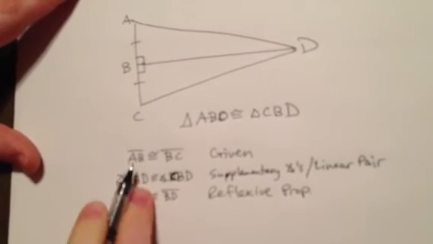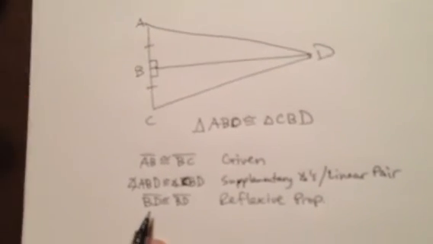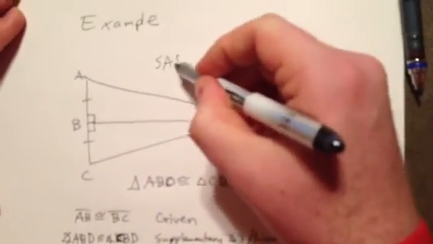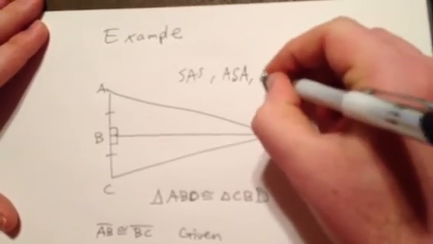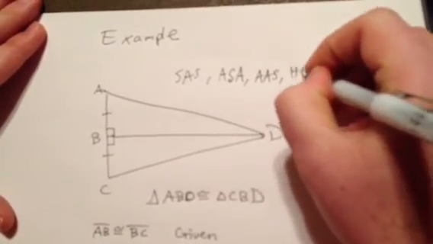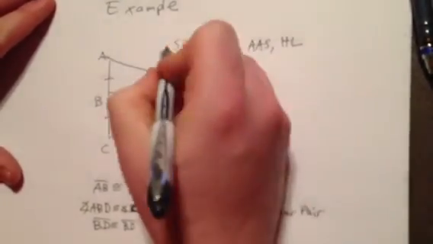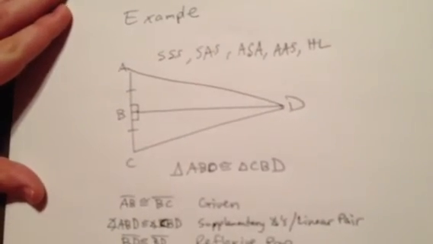And since we've got three things congruent, I can look at the different congruency statements we have. Again, we have side, angle, side, angle, side, angle, angle, angle, side, hypotenuse leg. I said three, but I actually meant five because we also have side, side, side from the very beginning, from last class.